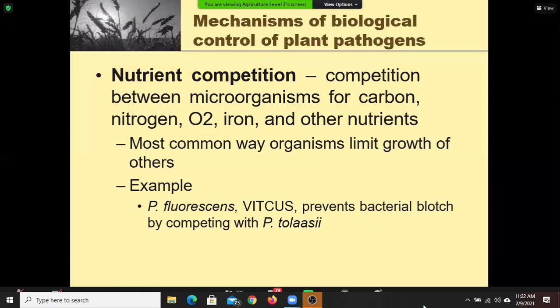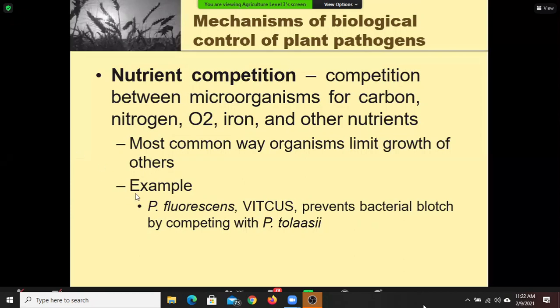It becomes weak, and as a result, it loses its ability to cause infection to the plant. So in this way, the biocontrol agent controls the plant disease by weakening the plant pathogen.